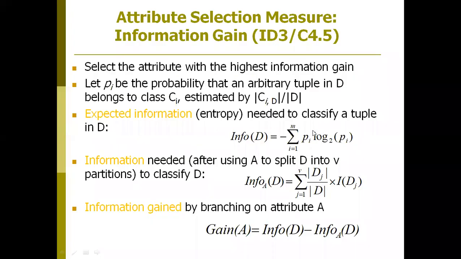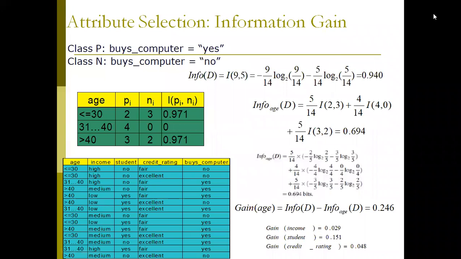Here we have one data set. Assume this particular table of data is a data set. This data set has multiple attributes, isn't it? One is age, one is income, the third is student, the fourth is credit rating, and the final one is the class.